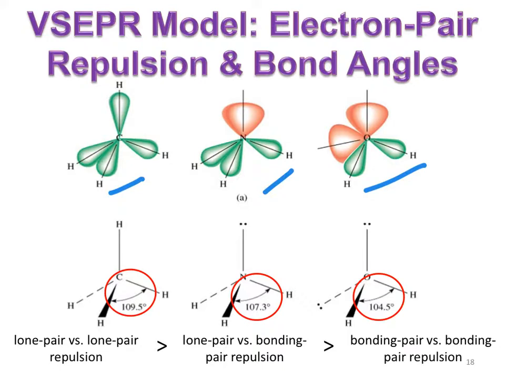However, if we look down at the bottom, the lone pairs do have an influence on the bond angles. With no lone pairs, we're at 109.5 degrees. With one lone pair, the bond angle is reduced. In the case of ammonia, it is 107.3 degrees. And the steric hindrance increases even more with 2 lone pairs, decreasing the bond angle in water to 104.5.